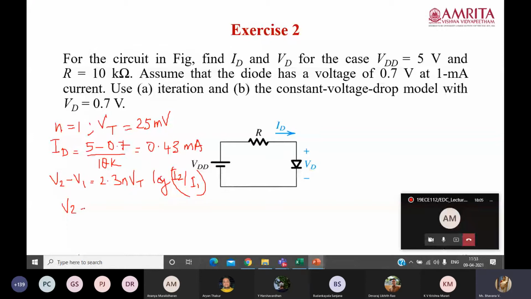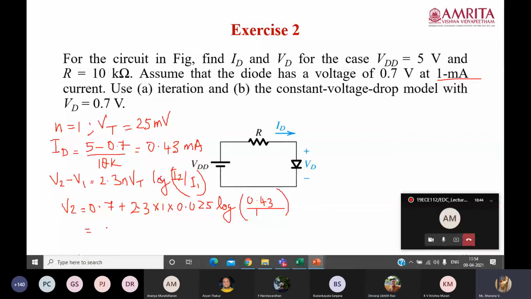So your V2 will be equal to 0.7 plus 2.3, n is 1, VT is 25 millivolt, log. What will be your I2? 0.43 milliamps, which is 4.3 into 10 power minus 4, divided by what is the current I1? 1 milliamp. Absolutely right. No need to write milli because it will get cancelled.